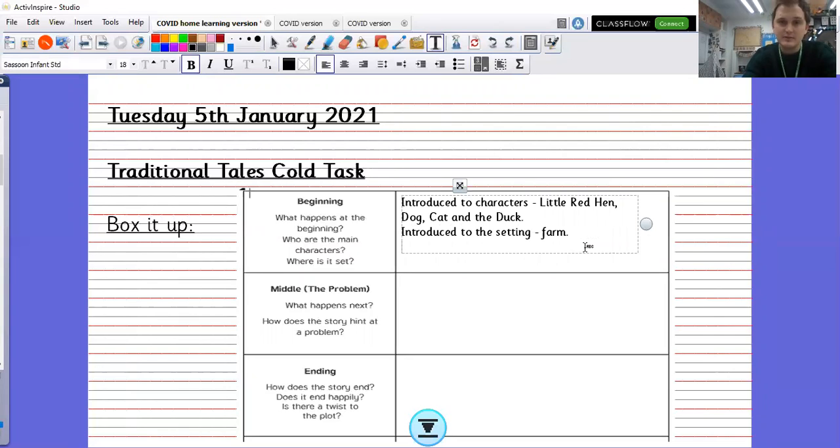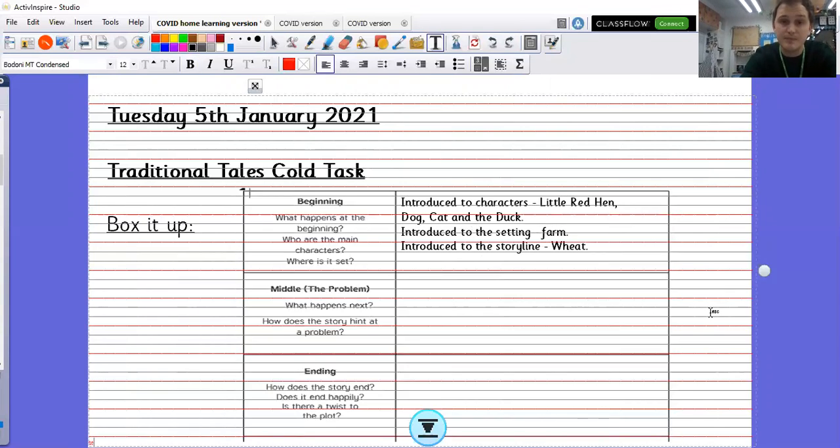And we were introduced to the storyline, which is all to do with wheat, and collecting the wheat, working as a lovely team. Now in the middle, there's a bit of a problem, and throughout the story, this problem repeats itself. What is the problem in our story? I think the problem is that they're not working as a team. I think that is a major problem.